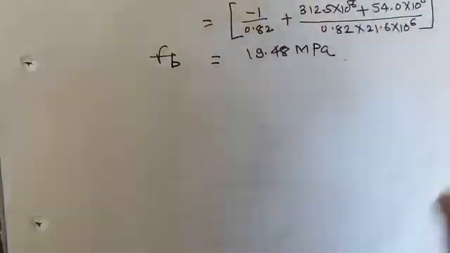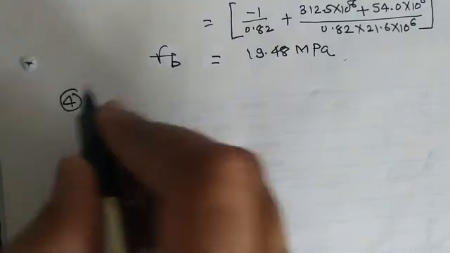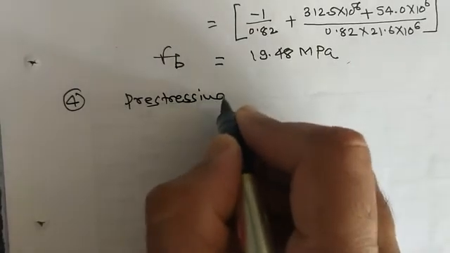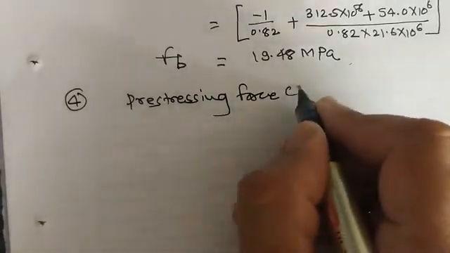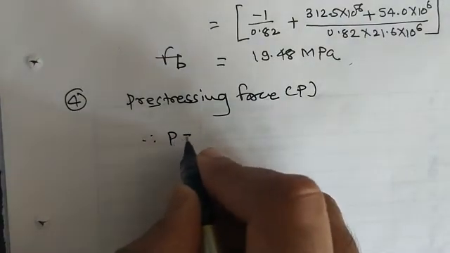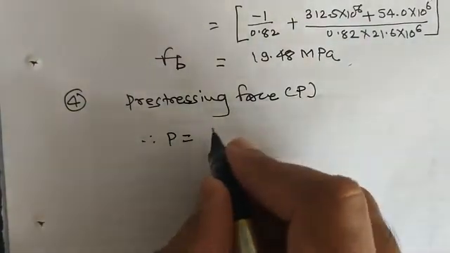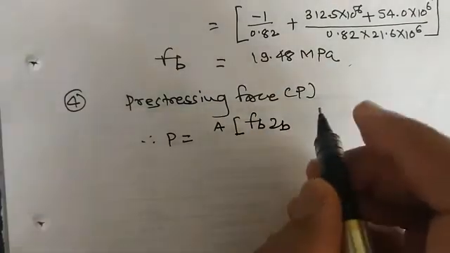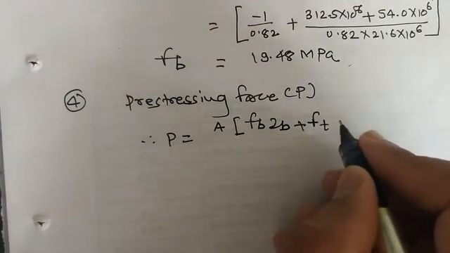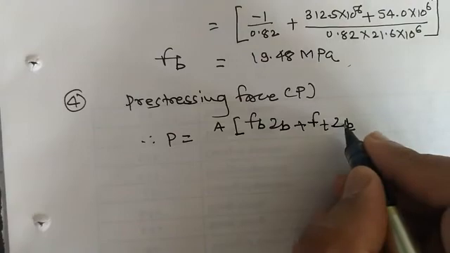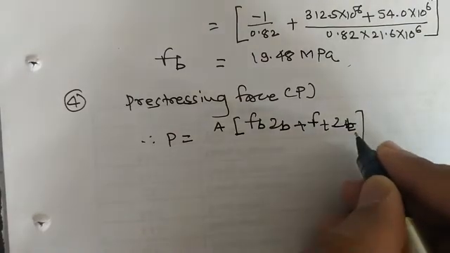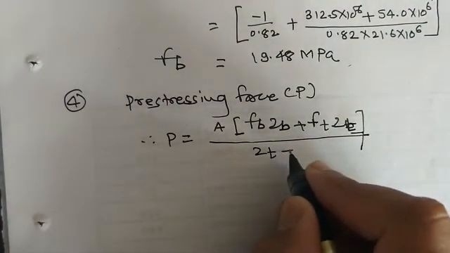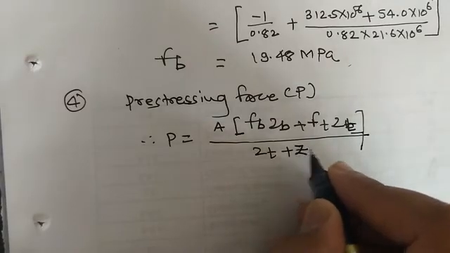Now you can quickly calculate the pre-stressing force. This is step number 4. What is the actual value of pre-stressing force P? The formula is cross-sectional area of concrete times F bottom Z bottom plus F top Z top, divided by Z top plus Z bottom.